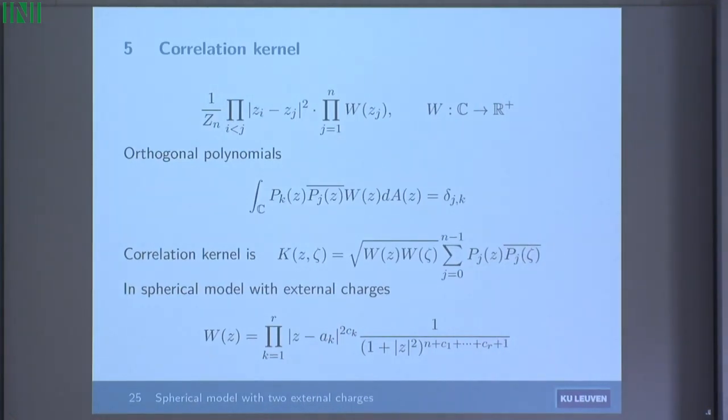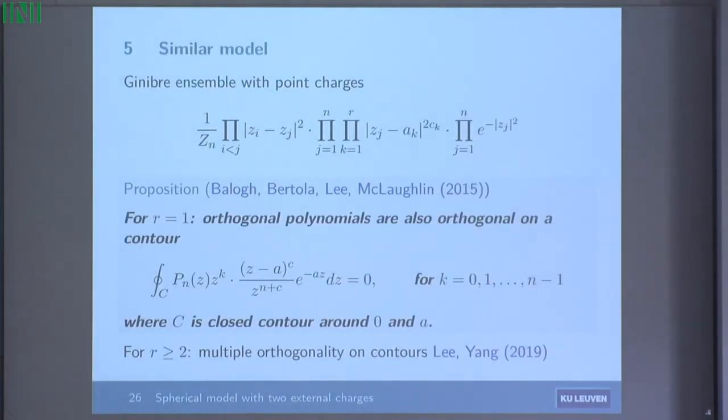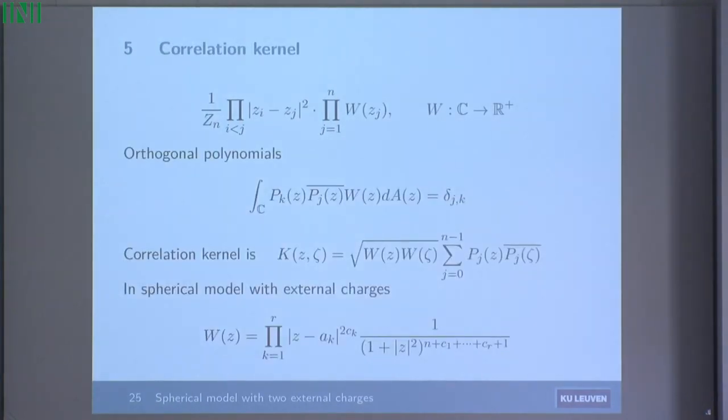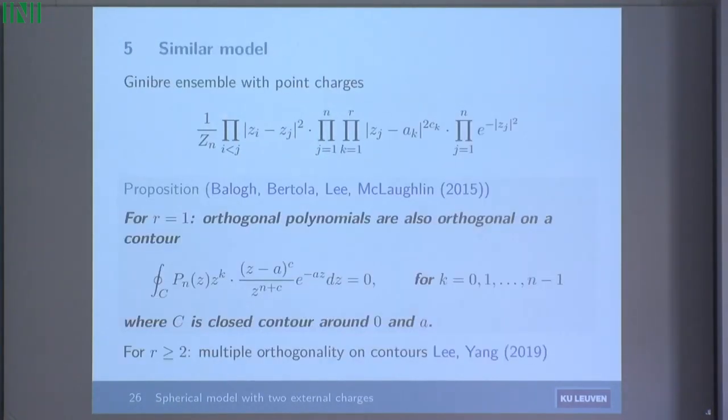Well, let's first compare it with some other model that has been studied before and was also mentioned by Alfredo de Llano yesterday. Instead of this background measure coming from the sphere, you take a background measure that comes from a Ginibre ensemble, so points on the unit disk, but constrained by an exponential of minus mod z squared.